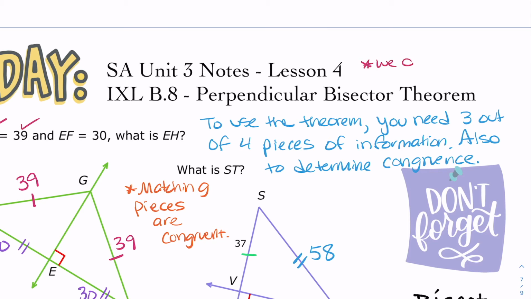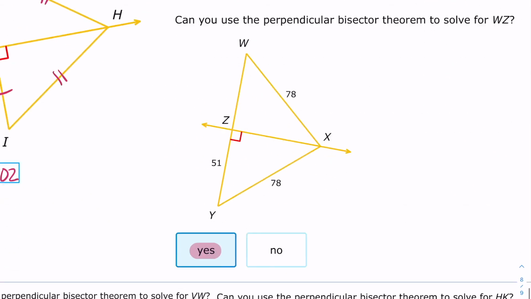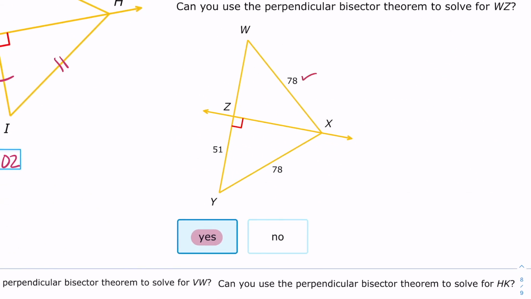We also need, I'm sorry about that, we also need a right angle, because we need a right angle. Why? Because watch this. Here you have 78 and 78, so you'd say, hey, Mr. Abernathy, these are congruent. That must make these congruent. Well, I forgot one more thing here. We can't have, whoa, hold on. I gotta pair this.